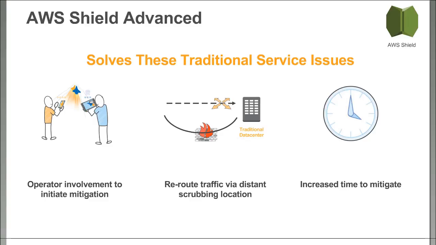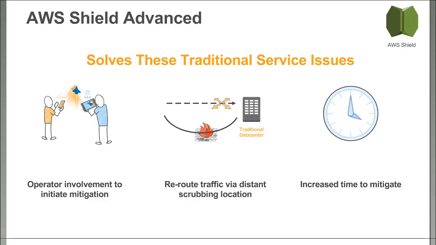Let's talk a little bit about AWS Shield Advanced. This is our managed DDoS protection service, which solves a couple traditional issues that we had seen with DDoS protection services. One is that a lot of folks had a lot of operator involvement when a mitigation needed to be initiated. If you were under attack, you needed to call the operator.